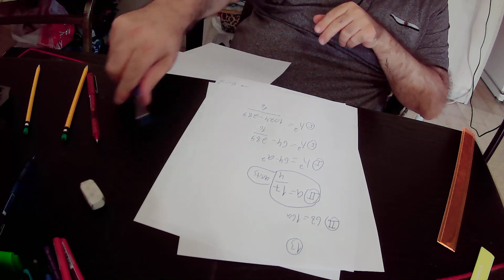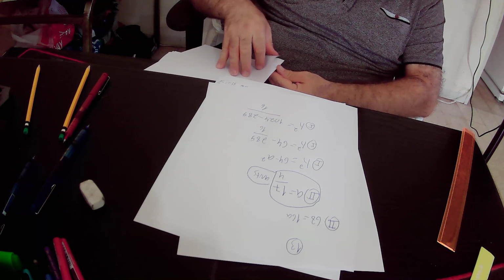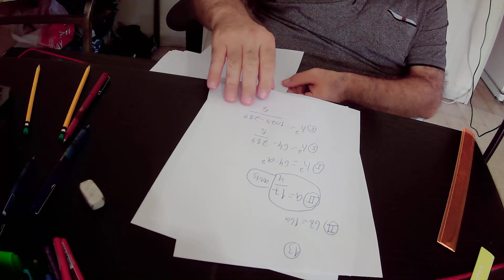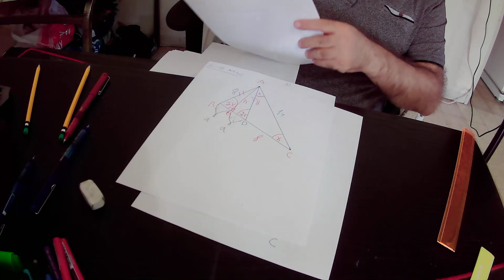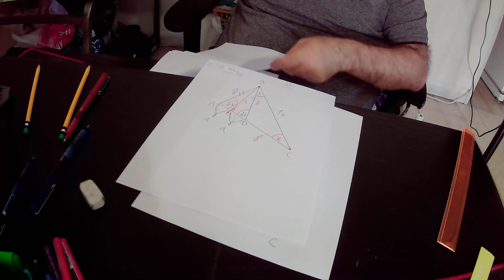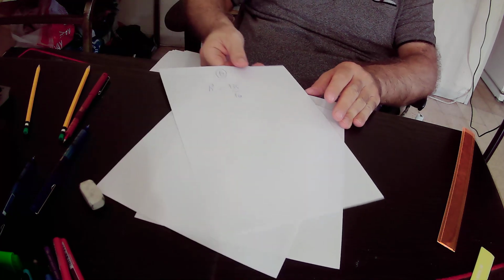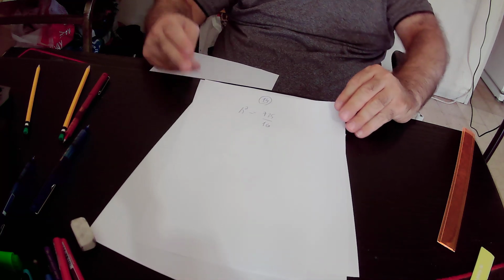Okay, so I found out that h squared equals 735 over 16.